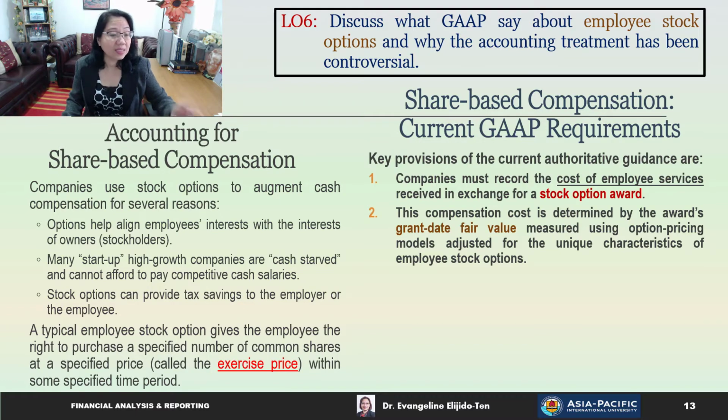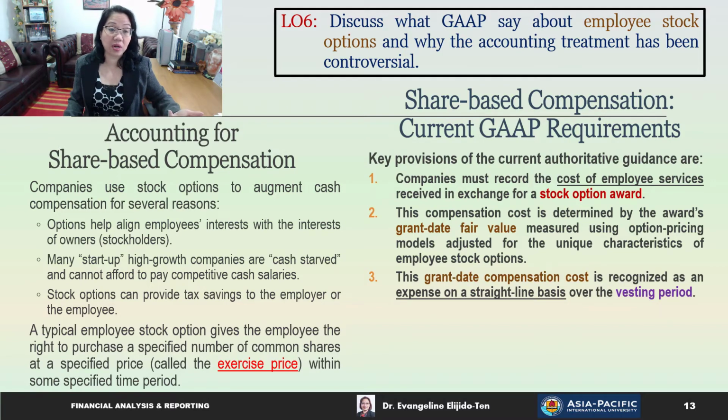So when a market price is not available, then GAAP says that the fair value is to be determined using an option pricing model, but it does not specify which particular model. Many are using the Black-Scholes model, and there is controversy around the use of the Black-Scholes model as well. Why is that? Because the formula doesn't consider the added restrictions of employee options, such as the vesting and the lack of transferability.